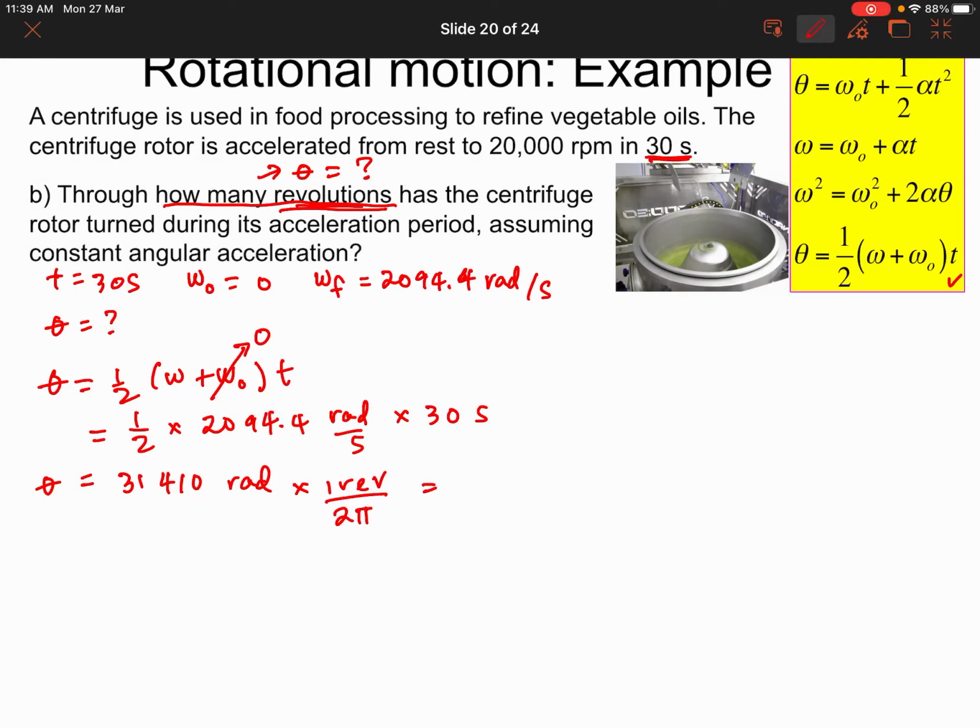Okay, so if you do 31,000 divided by 2 times pi, this will give you about, rounded, 5 times 10 to the 3 revolutions.